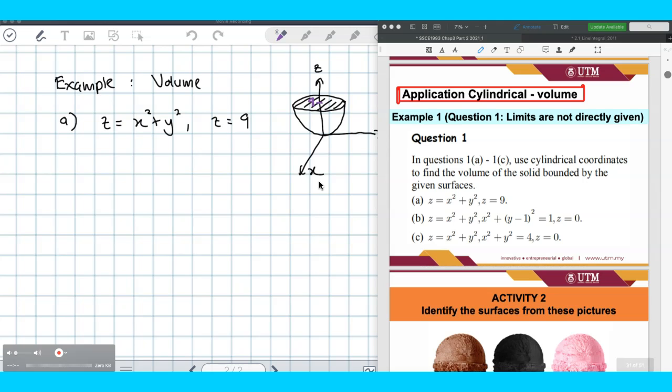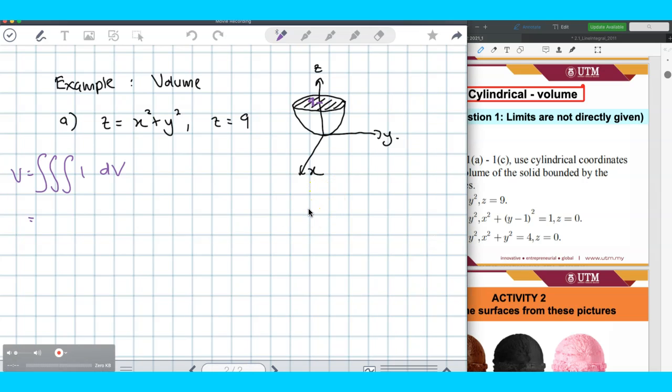Okay, so what is the formula for finding the volume using triple integral? It is the integral of 1 dV. Now you have to decide what kind of solid we have here.